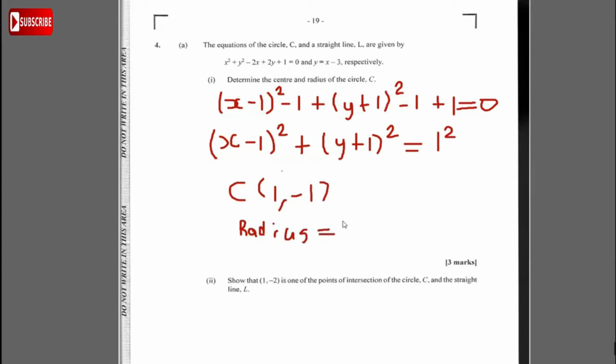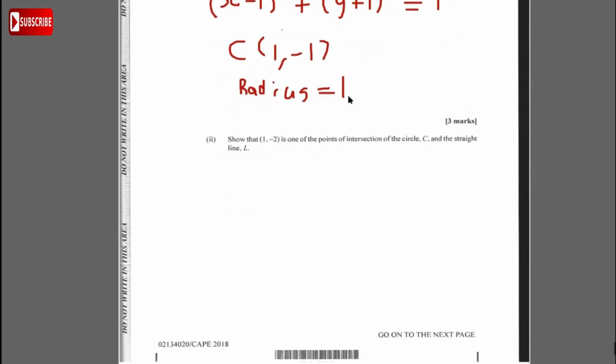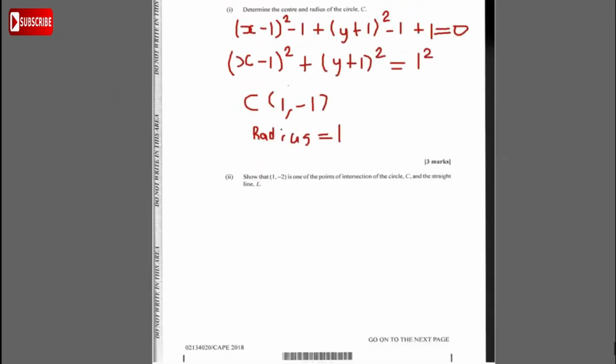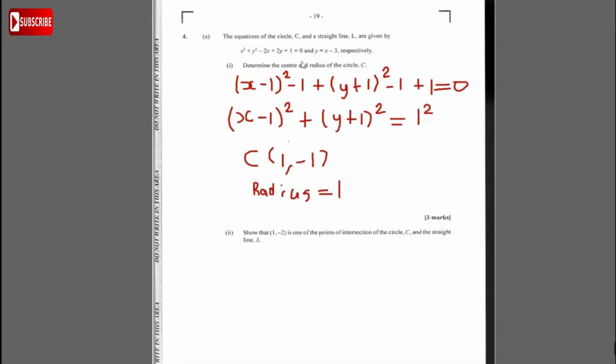Now it says show that (1, -2) is one of the points of intersection with this line. Now to show that it is a point of intersection, you don't need to solve this equation. What you need to do is, if (1, -2) is a point of intersection of the circle and the straight line, then that means it satisfies both the equation of the circle and the straight line.